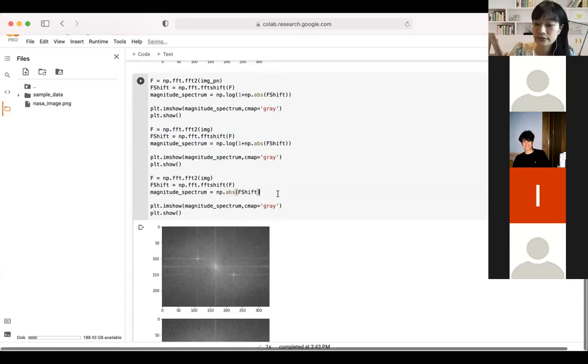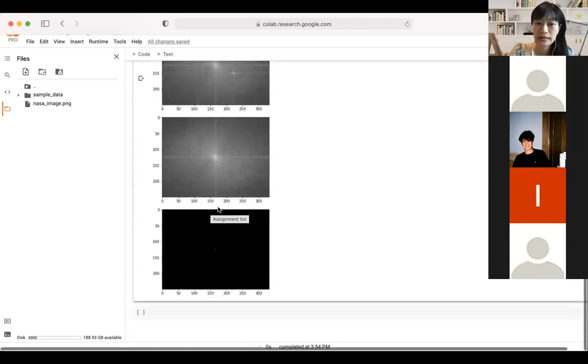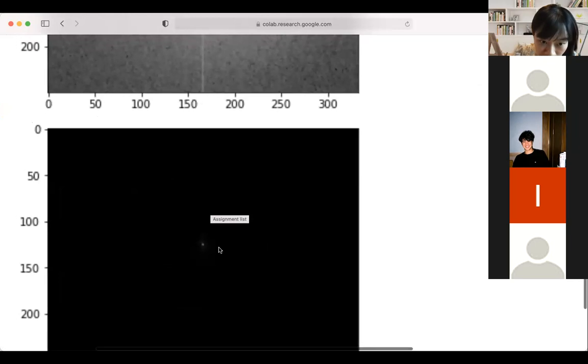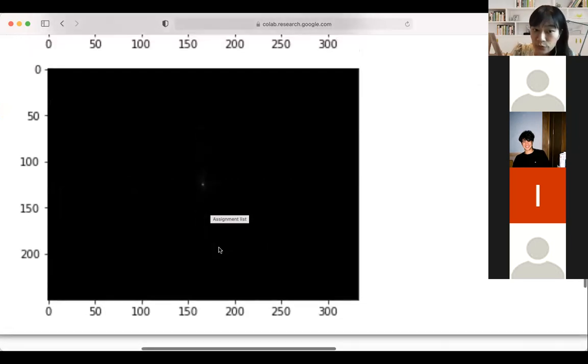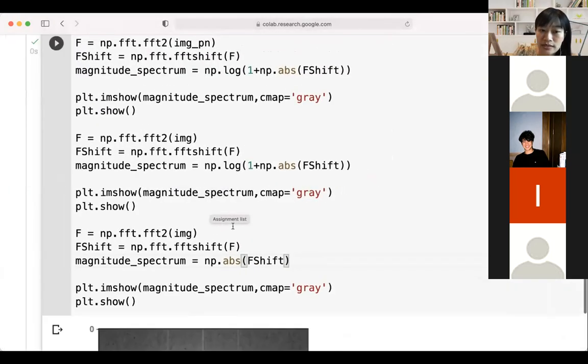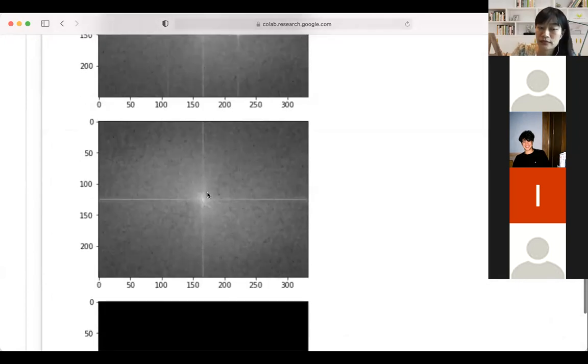So let's see what it actually looks like. This is the original Fourier transform of the image. It's very dark, right? You won't see much of the information because the value is very large at the center. So that's why we apply log transform, to bring up the small values and get the detail clearer. That's the only reason.